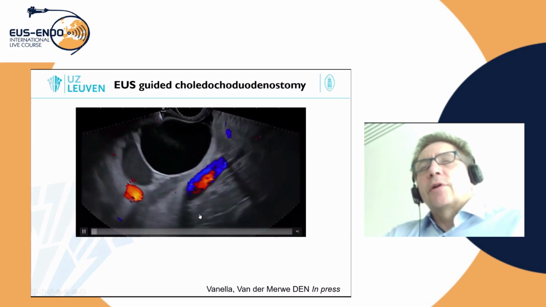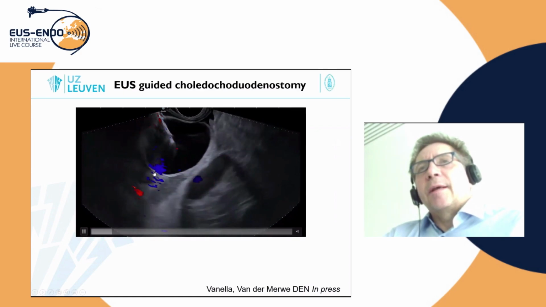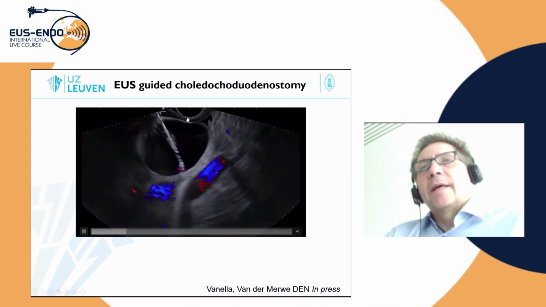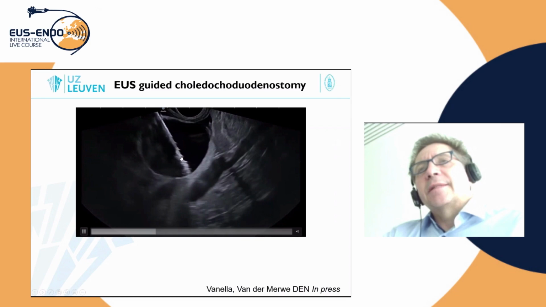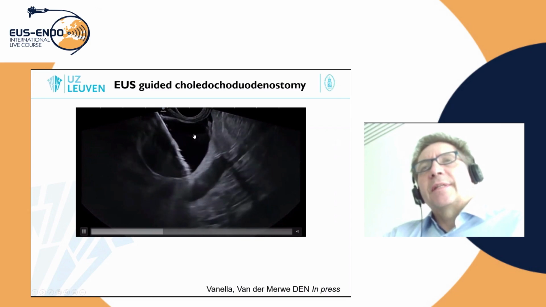In the setting of choledochoduodenostomy, a prime example of this is when the bile duct is dilated. It's in very close proximity to the duodenal bulb, and it is fairly easy in most of these instances to place a choledochoduodenostomy stent.